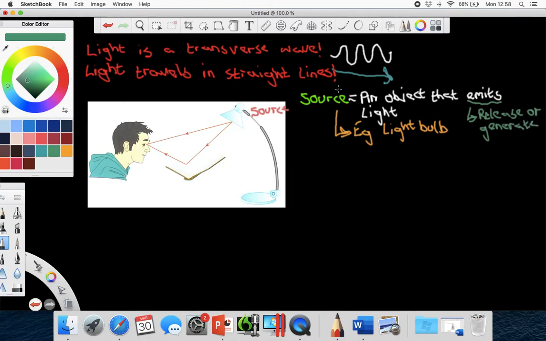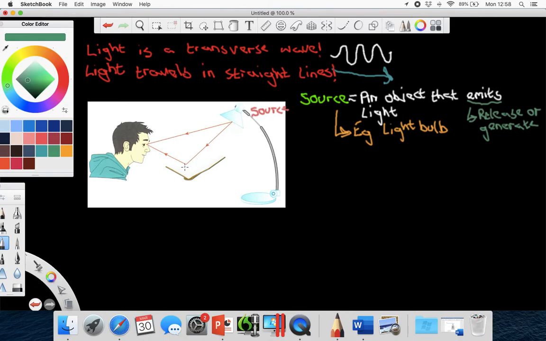So this source is releasing or generating light, and in this case our source would be the lamp and the bulb.